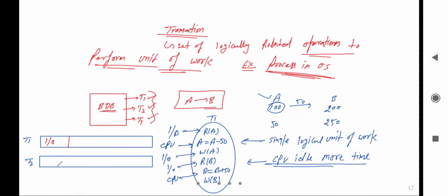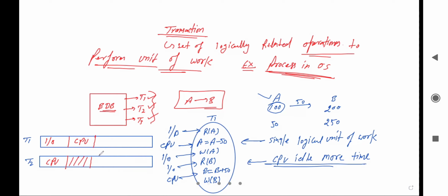In that case, transaction T2 is performing the CPU operation, and when it is performing the CPU operation, here it is not performing any operation.